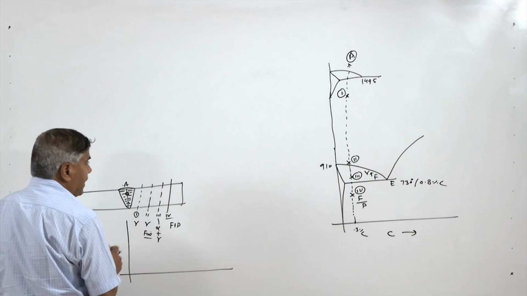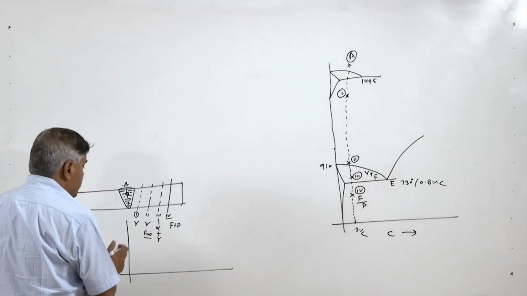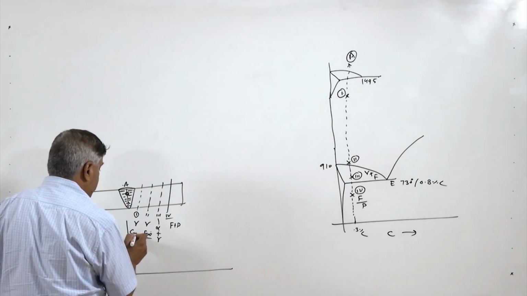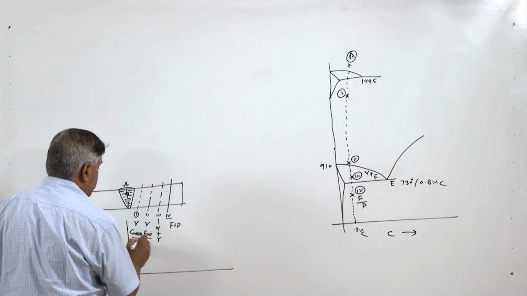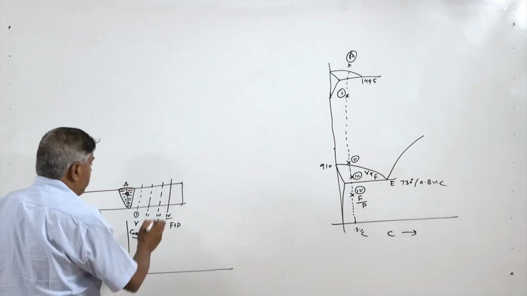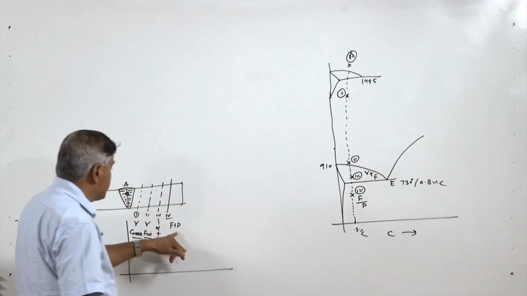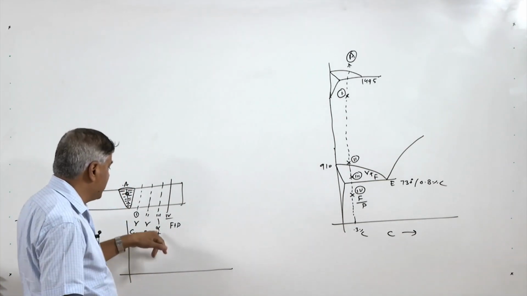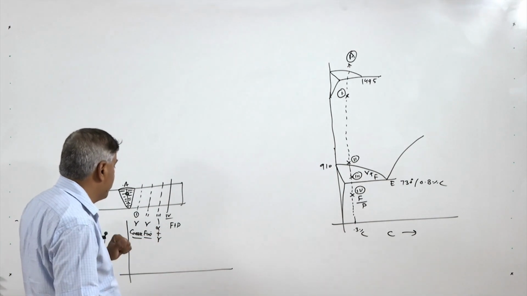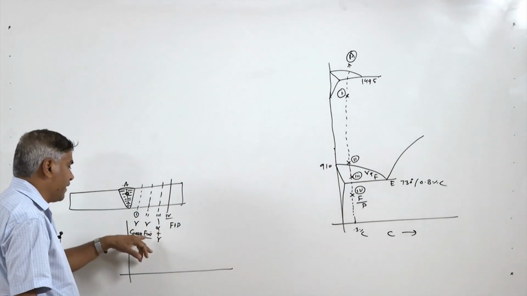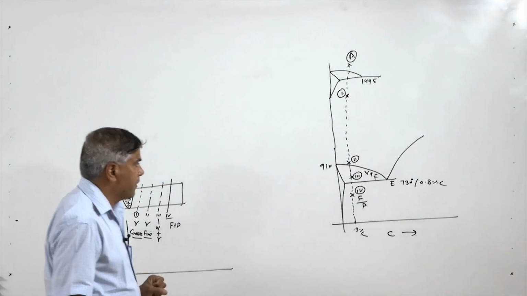So point 1 is again austenite, but it is very coarse. As we approach, there is a continuous change in the structure: the base metal, that is ferrite plus pearlite, then alpha plus austenite, then fine austenite, and then coarse austenite.